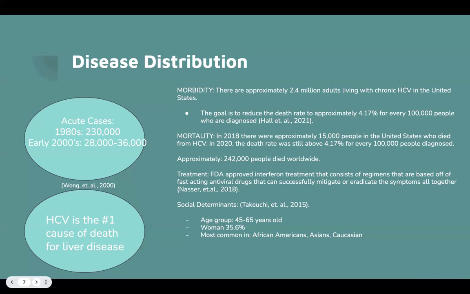Women are less likely than men to develop HCV, with only 35.6% of the cases being women. And it's most common in African Americans, Asians, and Caucasian ethnic groups, just because the most cases have been seen in those. It's also significantly higher in African Americans.